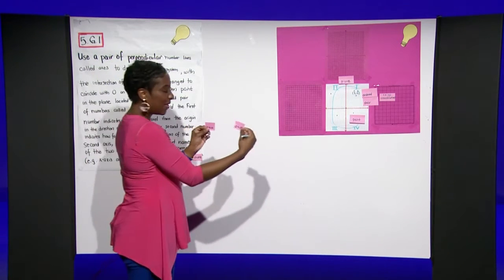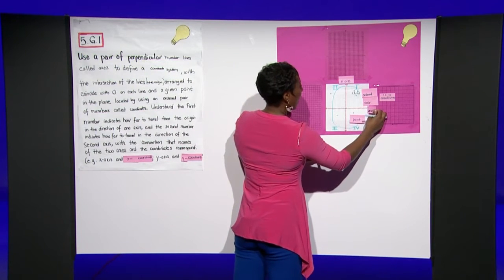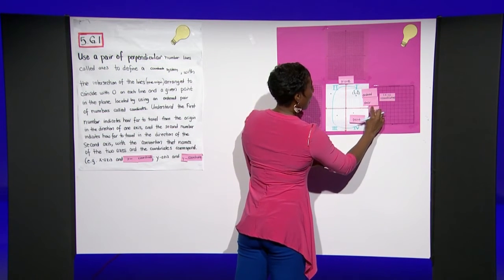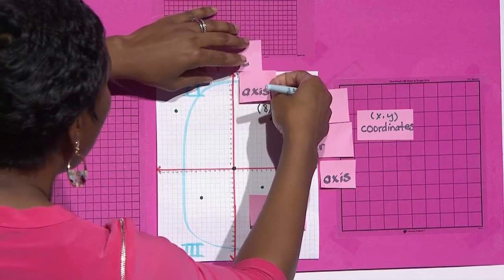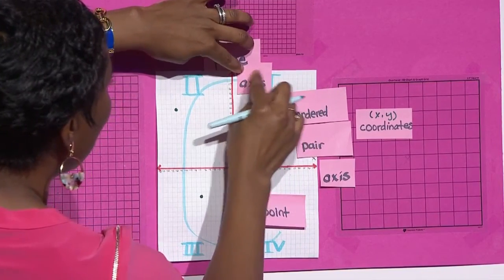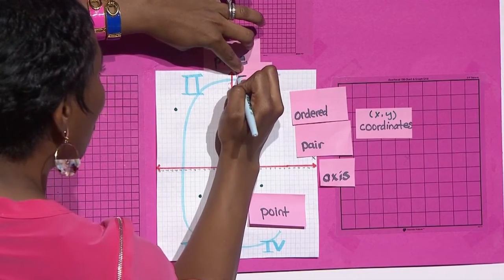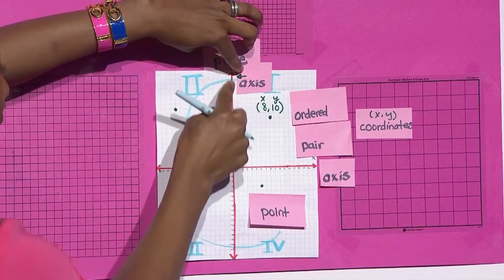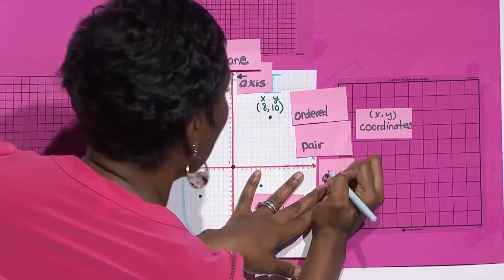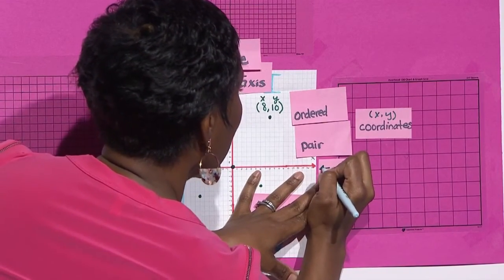So I'm just going to take these important terms and place them here. Again, there's one of my axes, and this is going to represent my y-axis. I'm just going to draw an arrow so that you know exactly which axes I'm talking about. My y-axis, and here's my x-axis.